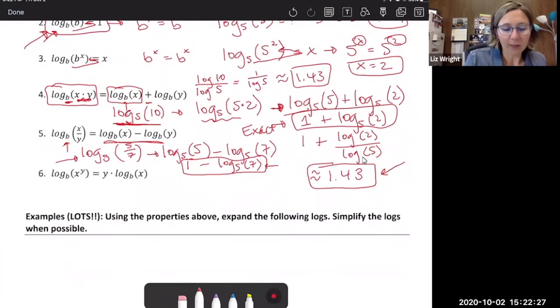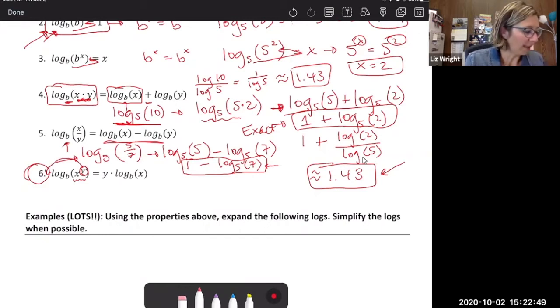All right, the other one that we use a bunch is this one right here, what's called our power rule for logs. What we have here is that in the argument, it's raised to a power, and what it says we can do, our power rule, is that we can just bring it down in front of our log to multiply it.